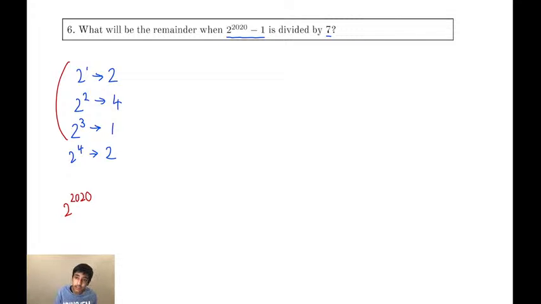Since 20 leaves a remainder of 1 when divided by 3, 2 to the 20 will have the same remainder as 2 to the 1, which is 2. Because we're cycling, and 3 powers of 2 get back to 1. So 2 to the 20 is 2, and then we have 2 minus 1 equal to 1. So the remainder when 2 to the 20 minus 1 is divided by 7 is just 1.